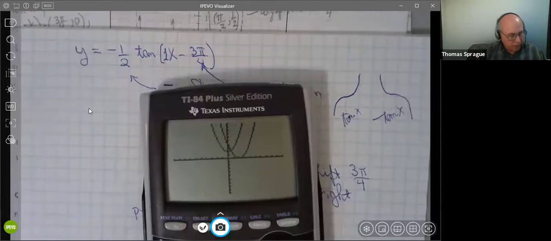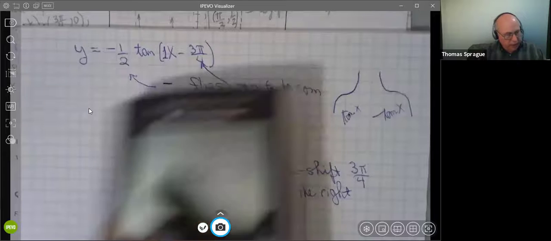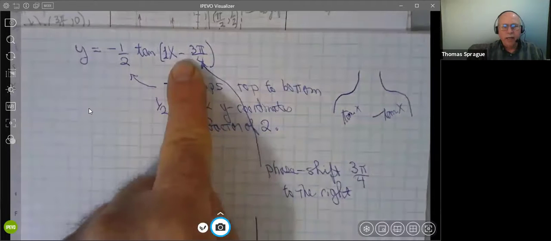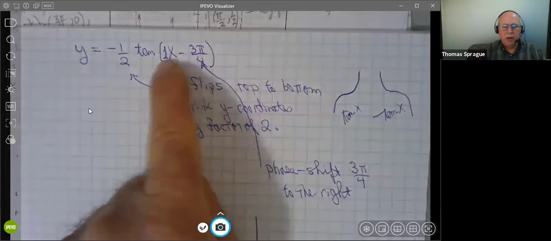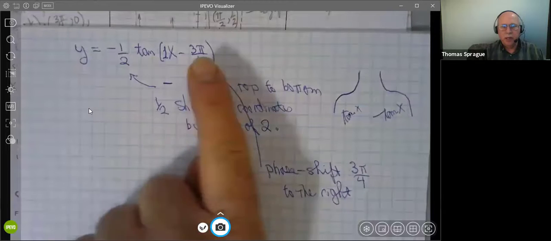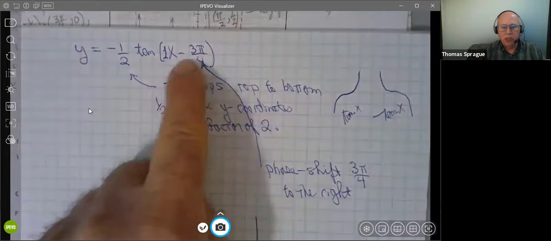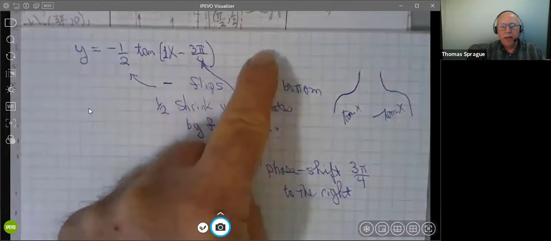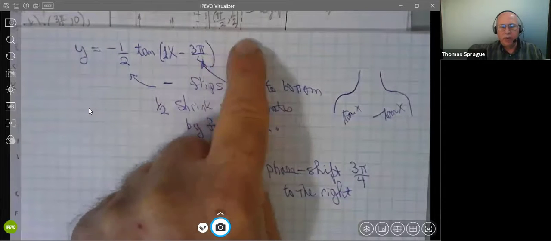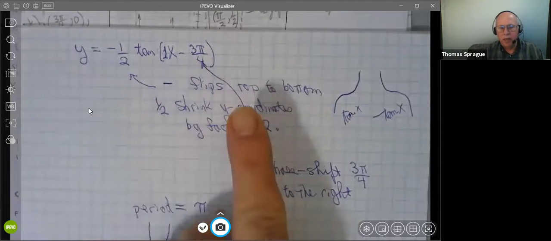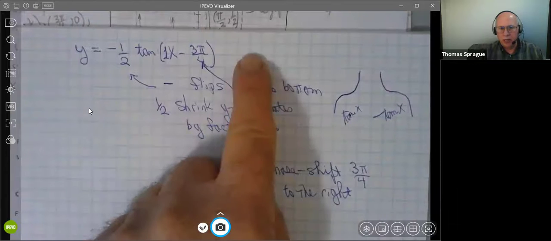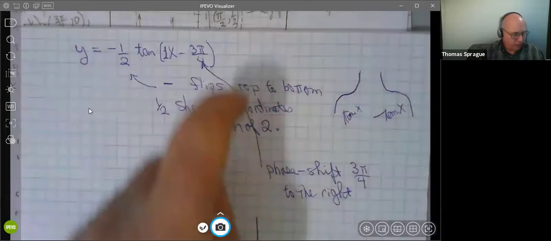So adding inside the parentheses will shift the graph to the left. Subtracting inside the parentheses will shift the graph to the right. Adding outside of the parentheses will shift the graph up, and subtracting outside the parentheses will shift the graph down.